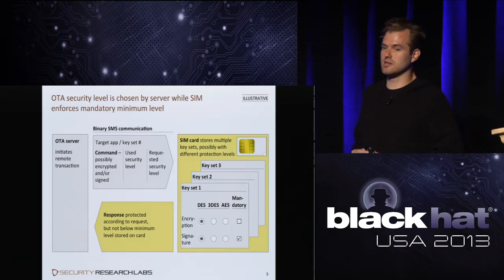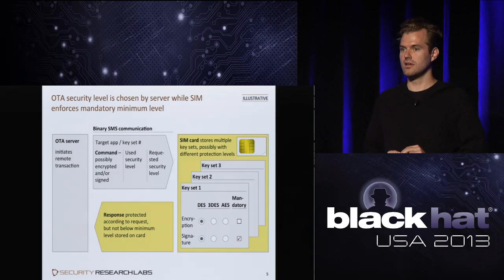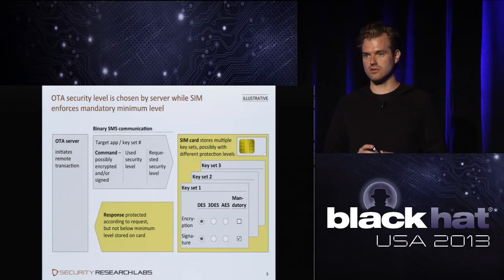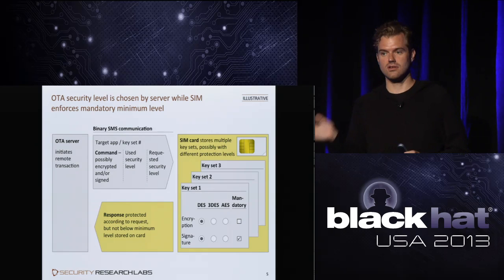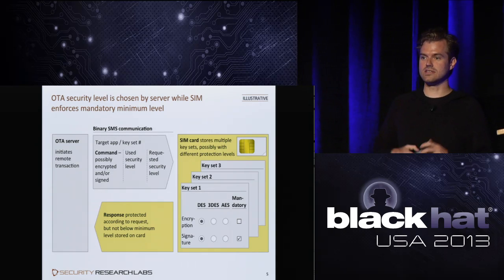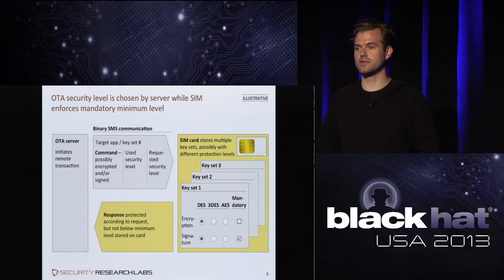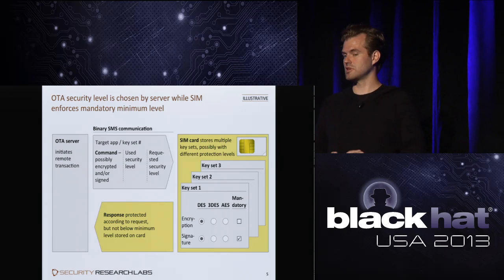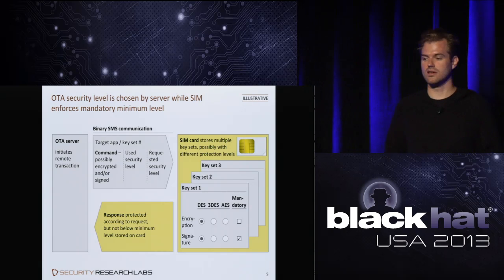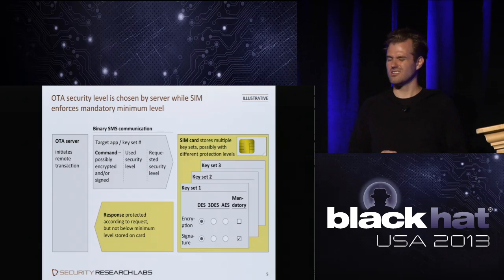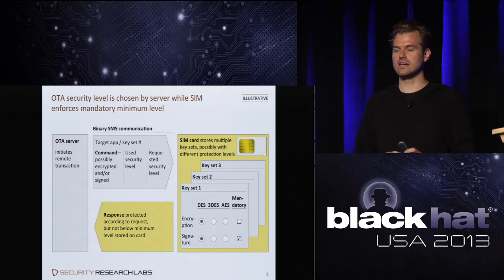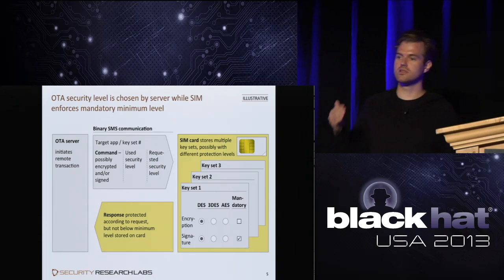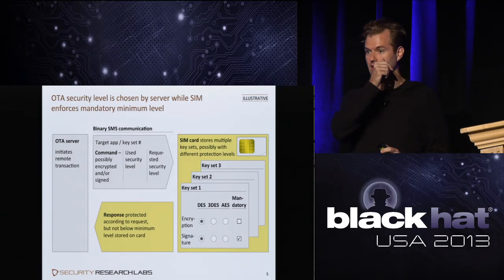So my understanding is that pretty much every operator in the world started off with shipping DES keys on their SIM cards. Now this is 10 years ago where these Java environments were first deployed to the SIM card. And many operators have since, some more recently, some early on, switched to triple DES. Virtually nobody has switched to AES. But even those operators who have switched, of course, have only done so for newer cards that they're giving out.